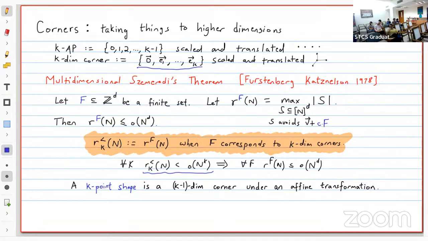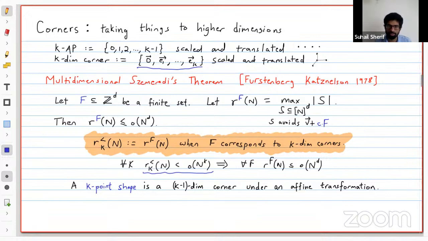So it's a stronger result in that sense. That is also the same as this: you're showing that any large set must contain a corner is the kind of statement that I've underlined here. The largest set is of subconstant size.